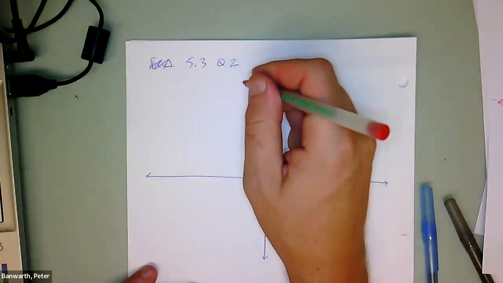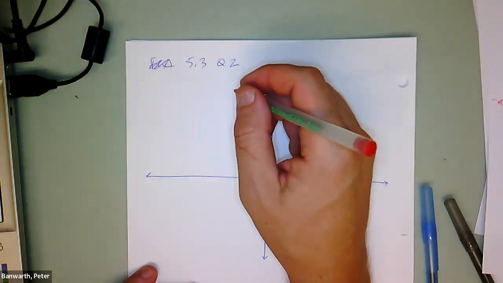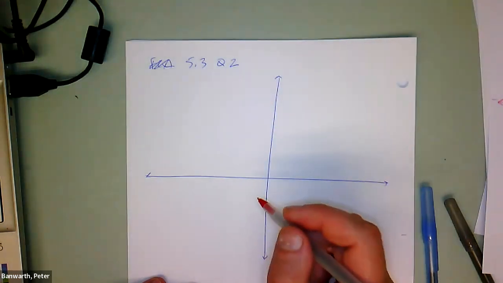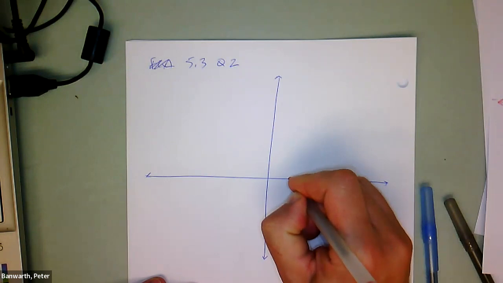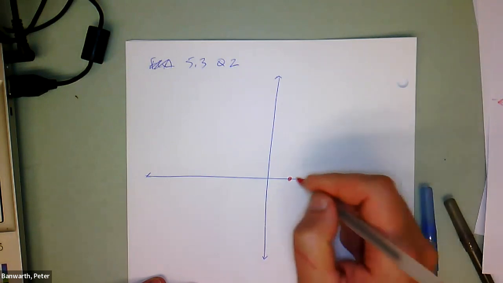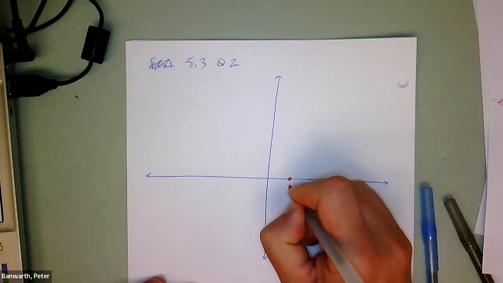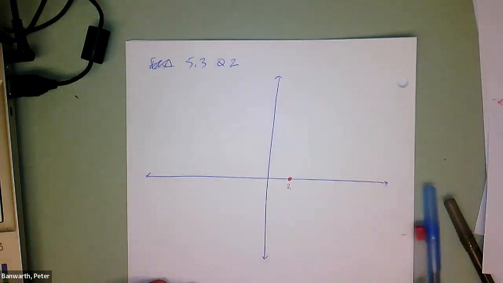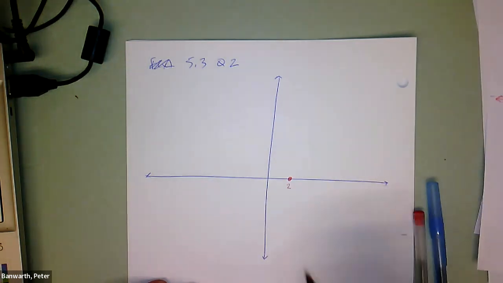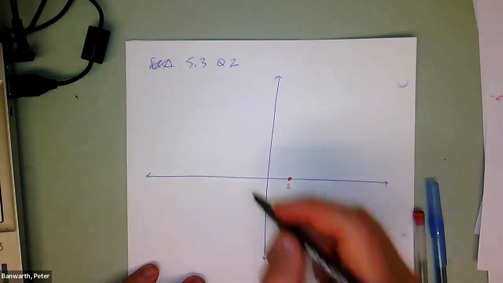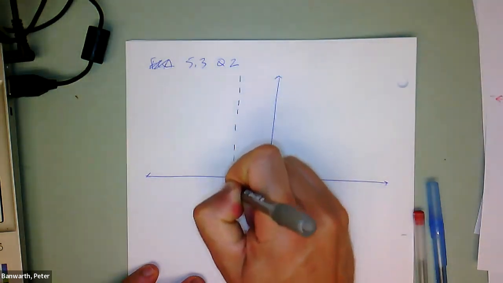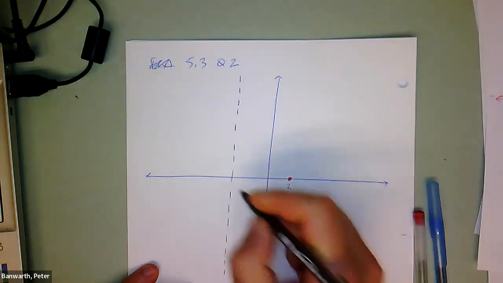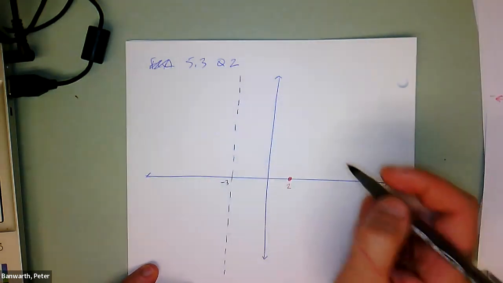I'm going to draw it in one place where my function is 0. That's going to be the value 2. And I'm going to draw in some vertical asymptotes. This is going to be the point -3.